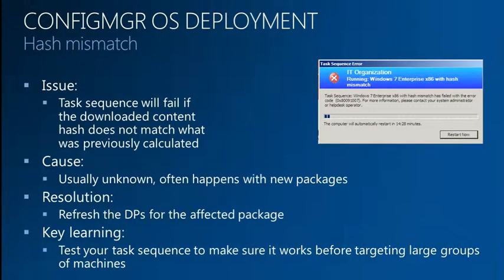This is one where if you're not sure which package it is that's causing the problems, you can press F8 at that stage, go into the smsts.log, and it will show you which one was the problem, and then you can resynchronize that out to the site. So just push it back out again. That should fix it. It's a pretty easy fix, but it can be quite annoying.